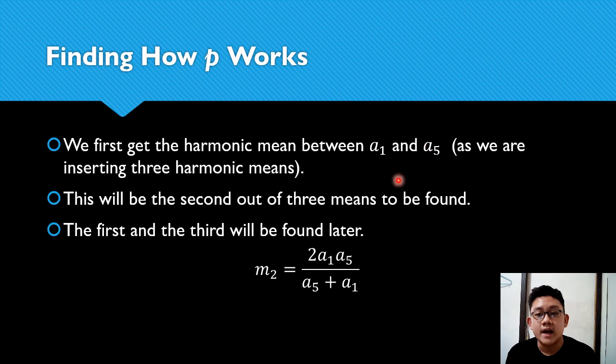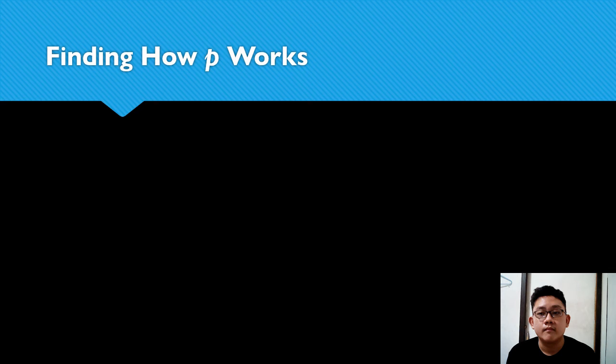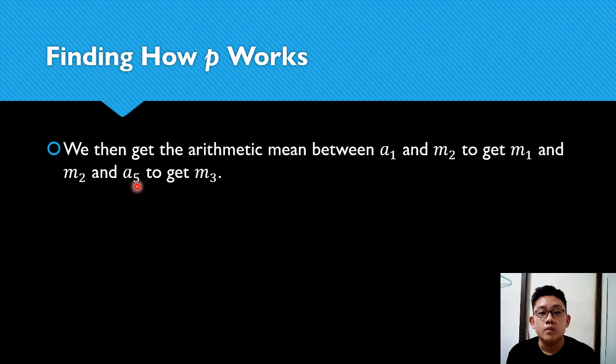So we have m sub 2 is equal to 2a sub 1 a sub 5 all over a sub 5 plus a sub 1. We then get the harmonic mean between a sub 1 and m sub 2 to get m sub 1, and m sub 2 and a sub 5 to get m sub 3.